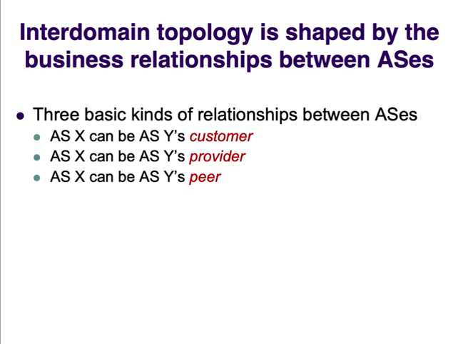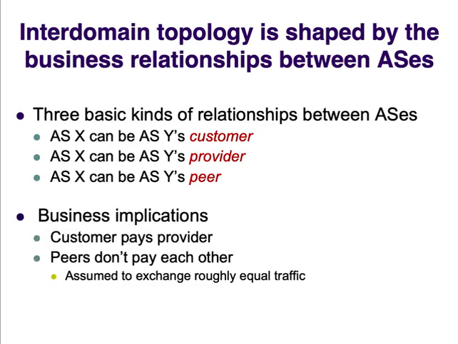And so there are 3 basic kinds of these business relationships on the internet. If I take 2 ASs, X and Y, the relationships they can have with each other is you can either be a customer of another AS, or you can be a provider to another AS, or the 2 ASs could be peers. Okay? And so what does that mean?